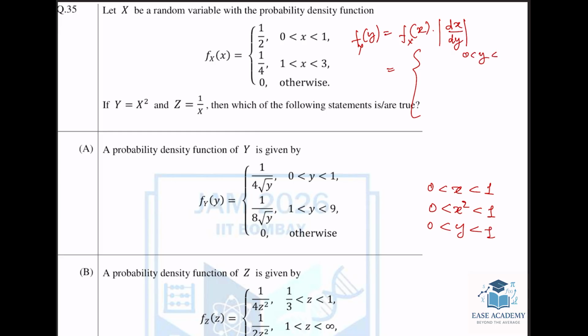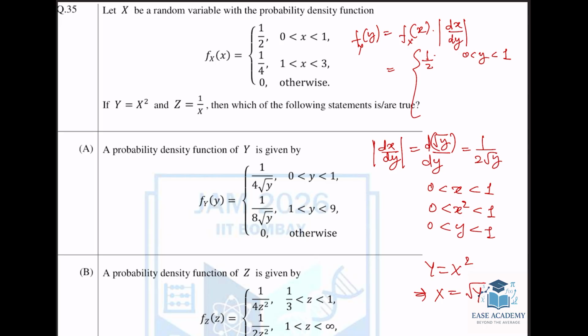If Y is from 0 to 1, then we take this f_X, that is 1 by 2, and the mod of dx by dy will be, with Y equal to X square and X equal to root of Y, d by dy of root Y, that is 1 by 2 root Y. We can easily put it here.